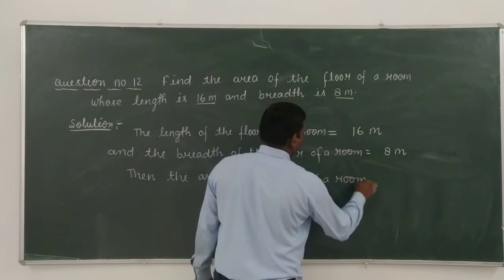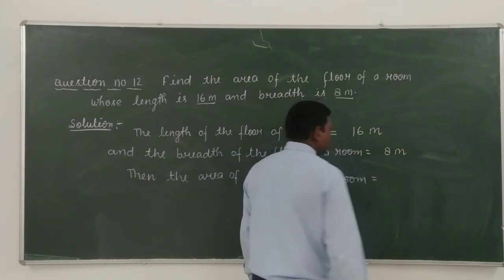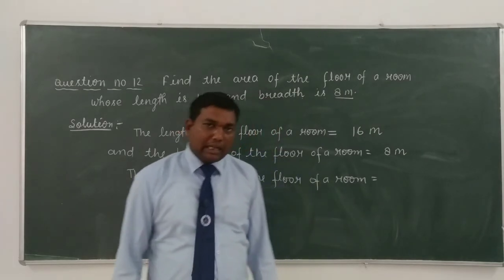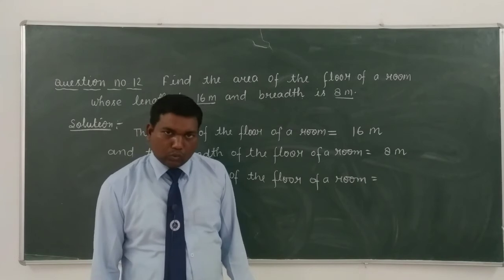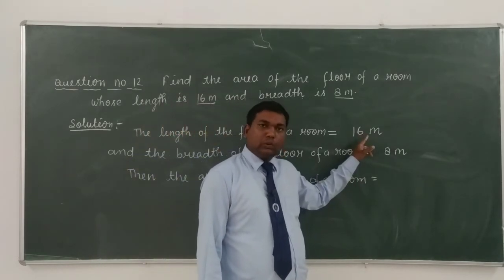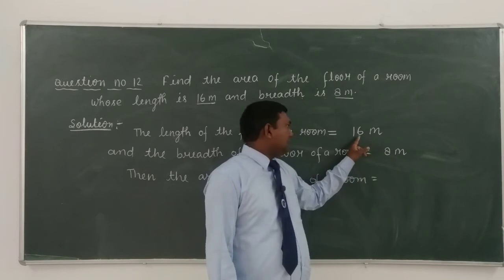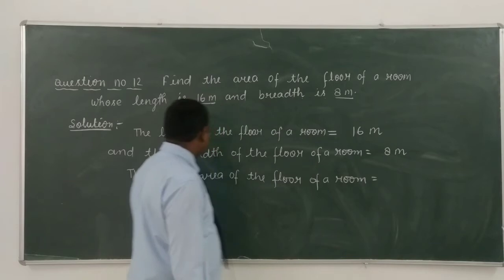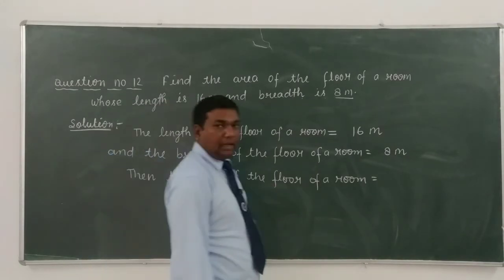is equal to, dear friends, we know that the area of a rectangular room is length into breadth. It means that if we multiply 16 by 8, then we get the area of the floor of a room.